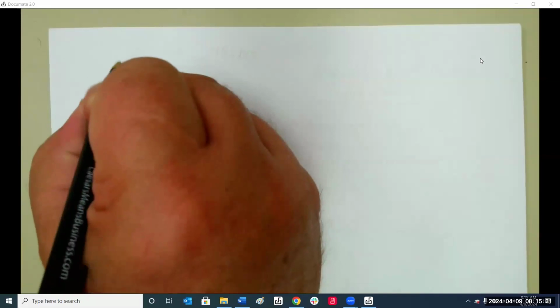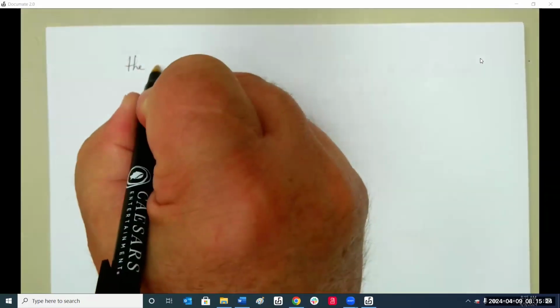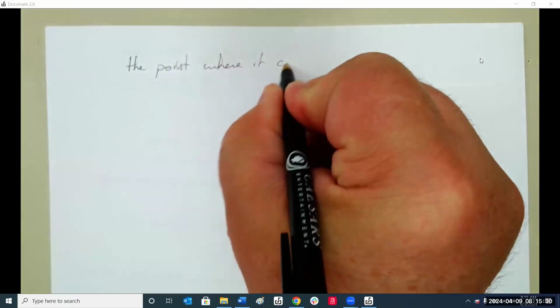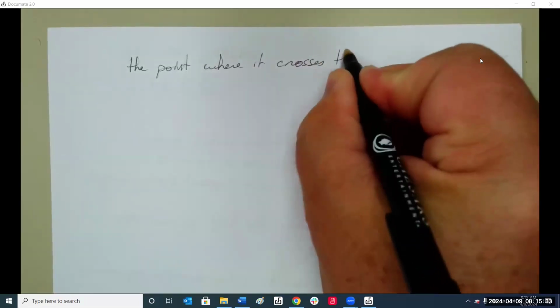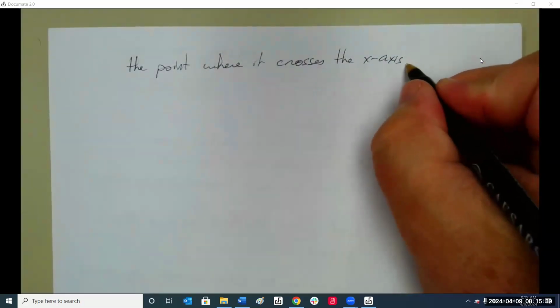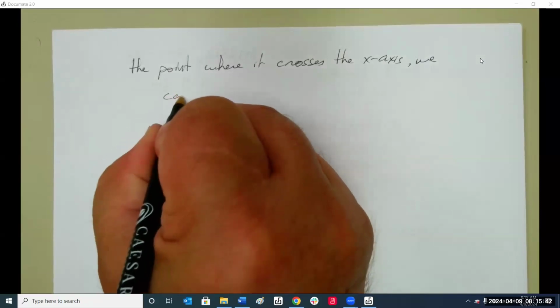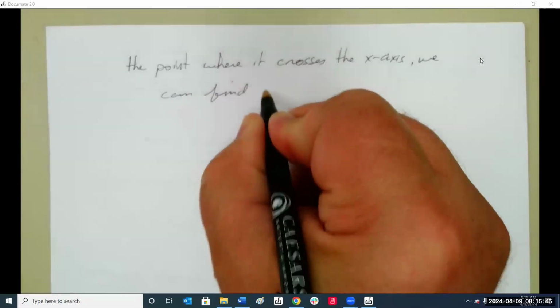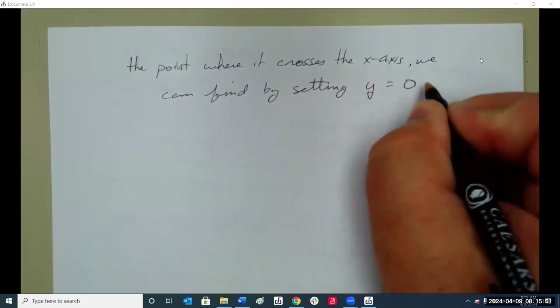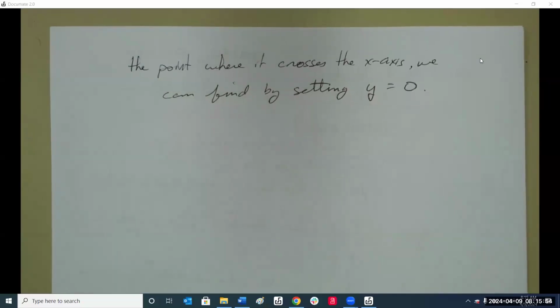All right, so let's look at how this thing derives. The point where it crosses the x-axis we can find by setting the initial y to 0, if it's doable.